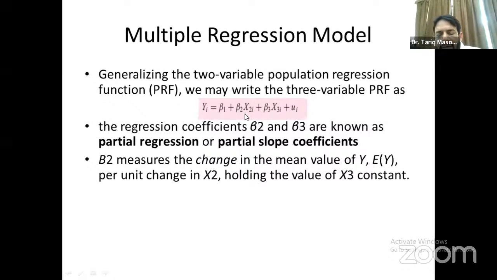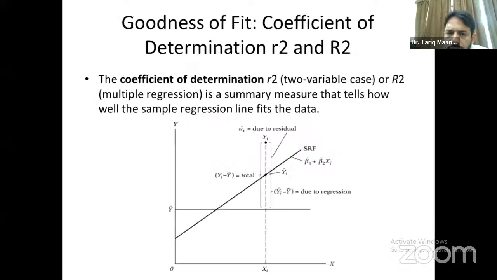You have to add this, keeping x3 constant. This is the meaning of the partial coefficient: when we are keeping x3 constant and changing x2 by 1 unit, there is a change in yi by beta 2 units. Okay, so same for beta 3. Beta 3 is the change in y due to a change in x3, keeping x2 constant.